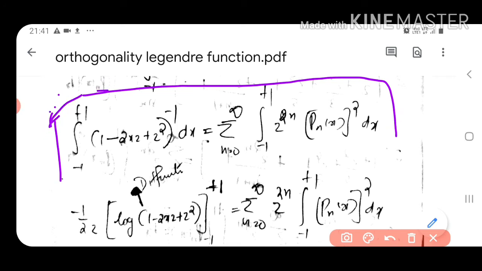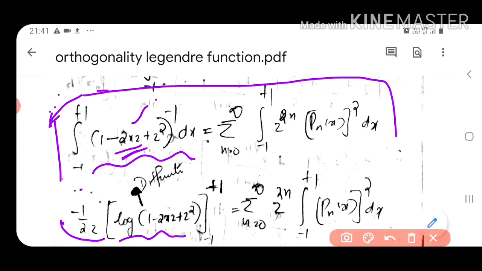Here, as we integrate with respect to x, I will get log(1 minus 2xz plus z square) by minus 1 by 2z. We are integrating with respect to x. X is present here, so as I integrate, I will have log(1 minus 2xz plus z square) here, and this minus 2z comes outside, so minus 1 by 2z.